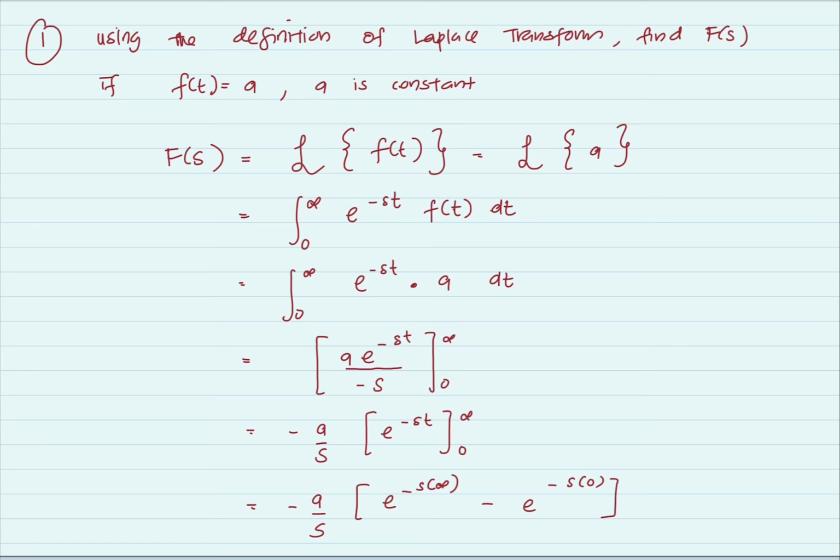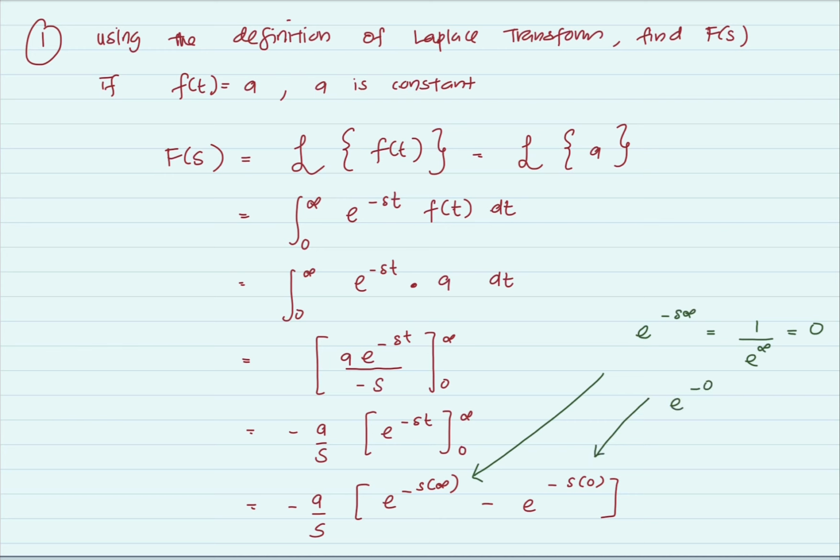For e to the minus s infinity, it is basically 1 over e to the infinity. s multiplied with infinity is infinity, so we will have 0. How about e to the minus 0?